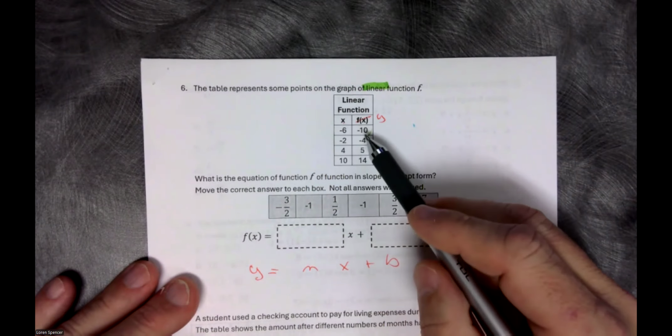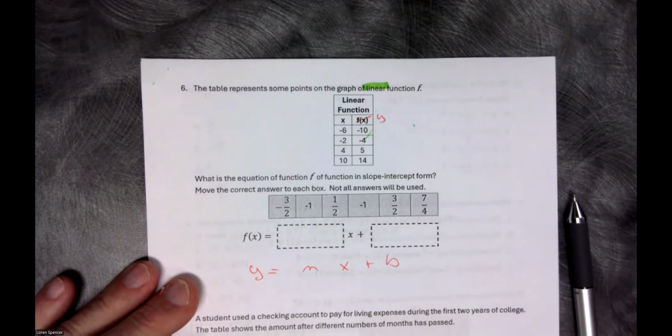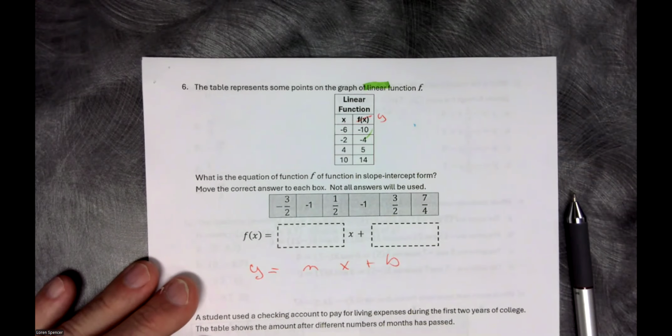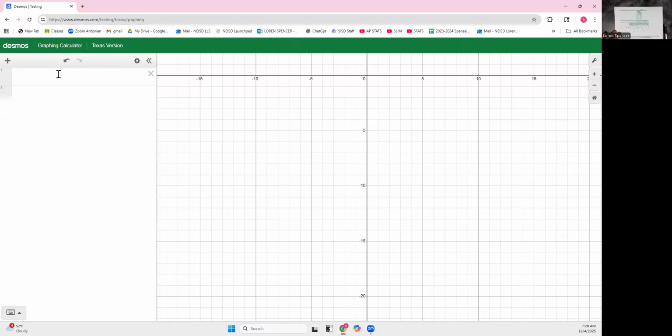So I'm just going to plug the table values into Desmos and see what gives me the equation. So here we go. And incidentally, this is a super easy problem. Totally have to get this right every single time. You hope they have lots of problems like this on the test.